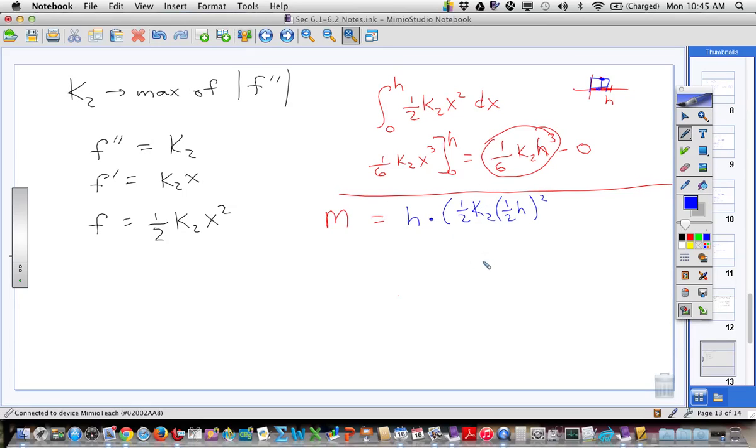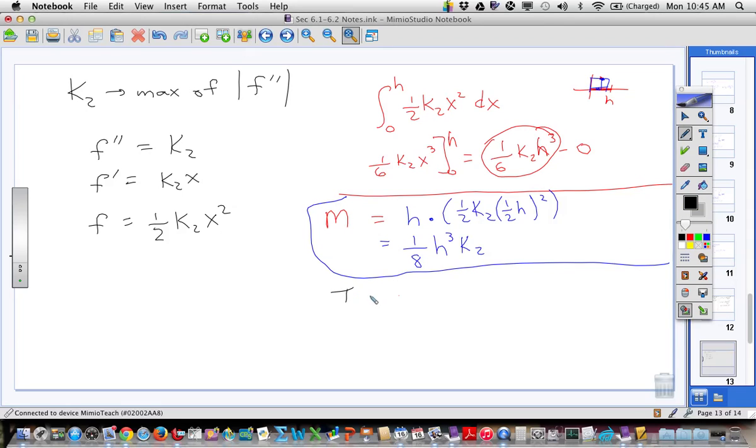The area under my worst case graph minus my midpoint, that would be my error. That'd be the amount of error. Okay? So let's simplify this. This would be 1/4 times a half, that would be 1/8. What would I have? h cubed and then a K2. Okay, so that would be that.